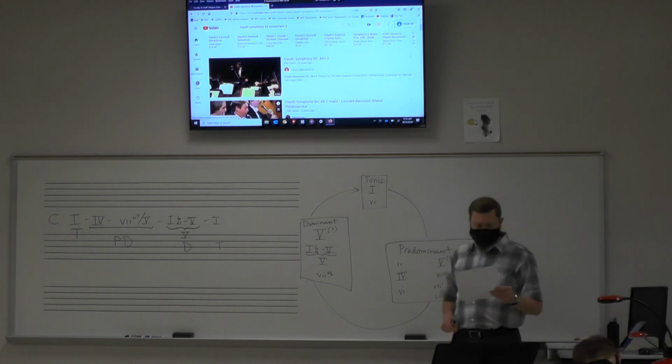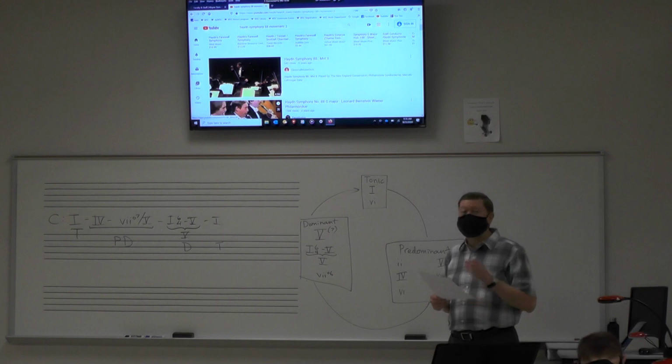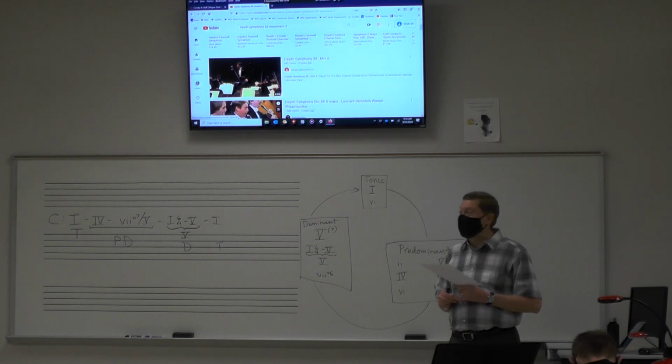Does anyone want to take a stab at what F, A-flat, C, E-flat is in the key of E-flat? It's a 2 chord. It's actually a 7th chord in first inversion, so it's technically a 2, 6, 5.